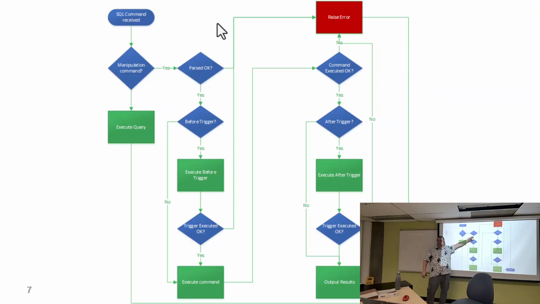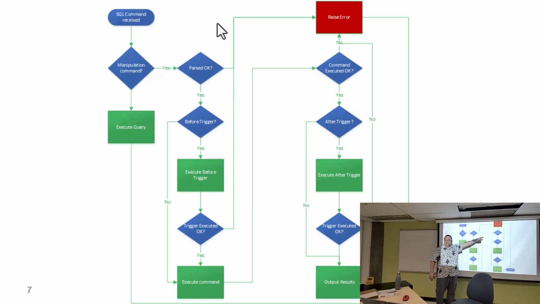Is it a valid command? That's the next thing it does. Is it going to run? Yes. If not, it raises an error. Is there a before trigger? Yes or no? If there's no before trigger, it executes the command. If there is one, it executes the before trigger. Did that succeed? Yes, it goes to execute. No, it bombs out.